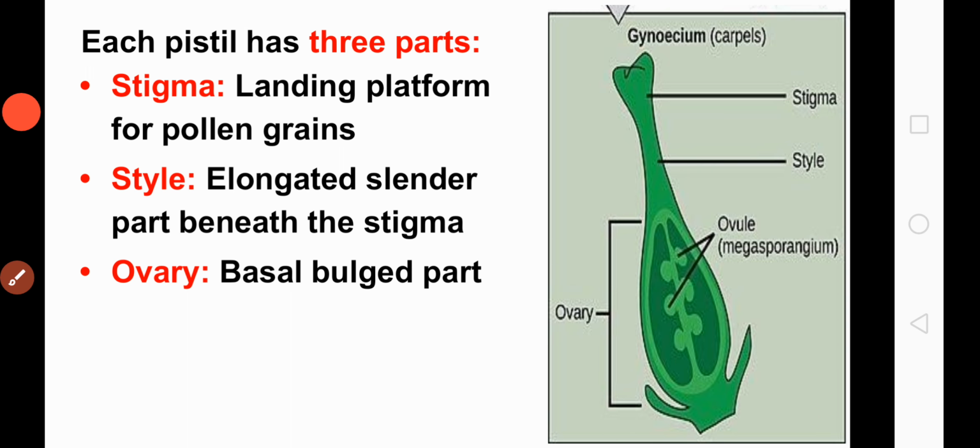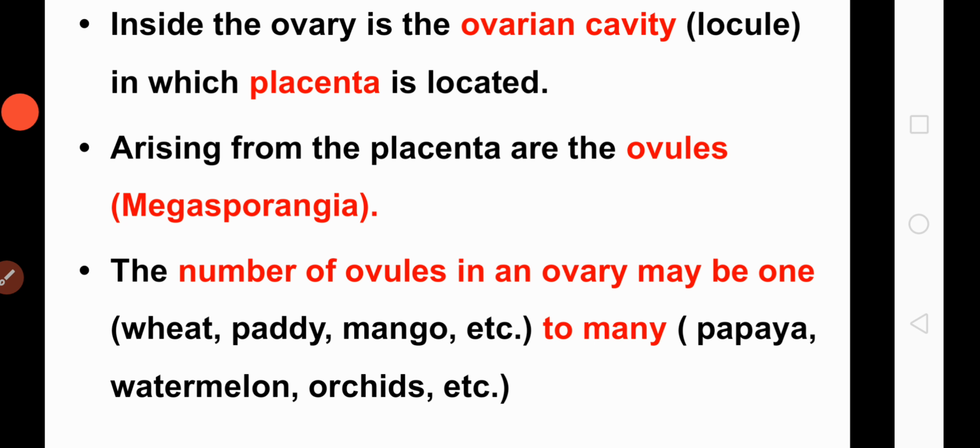So inside the ovary is the ovarian cavity, which is also called as locule, in which placenta is located. Arising from the placenta are the ovules, which are also referred as megasporangia, and the number of ovules in an ovary may be 1 to many.